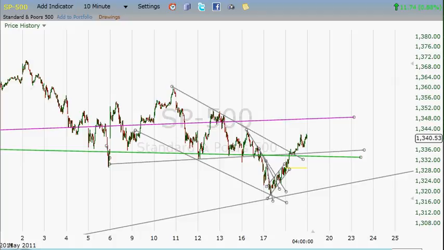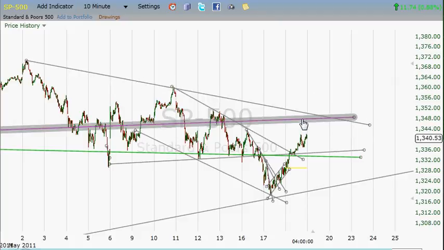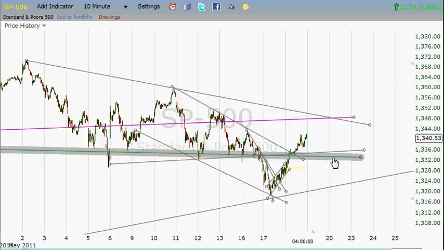But I want to remind you, I'm not as convinced of the importance of that neckline as I am of this green line, because that green line held pretty well until that one real breakdown that took place late on the 16th and had follow through on the 17th before it recovered.